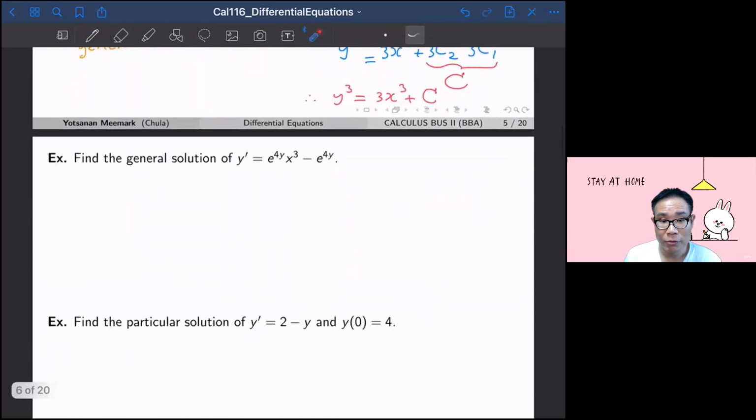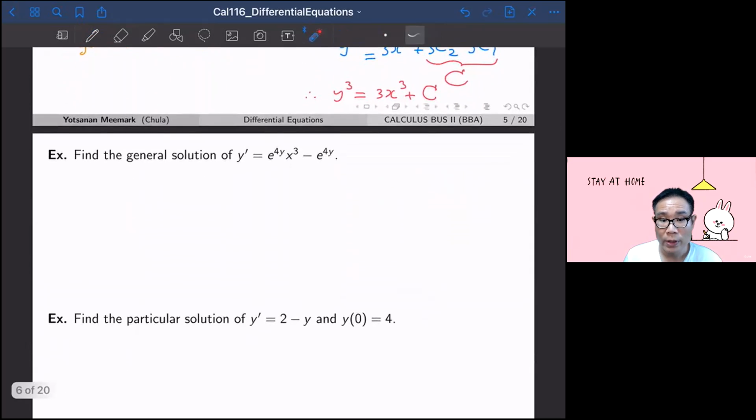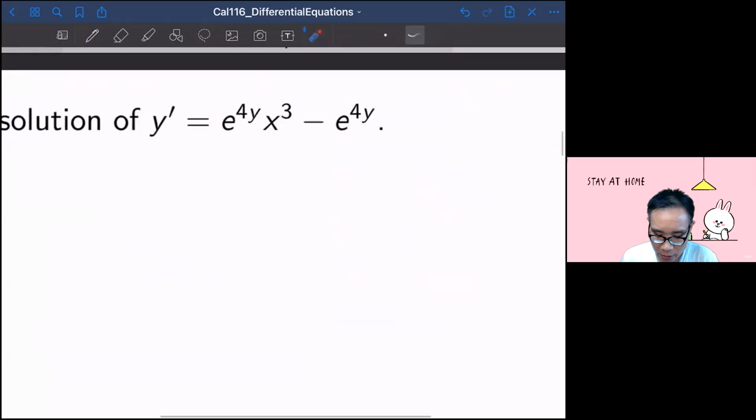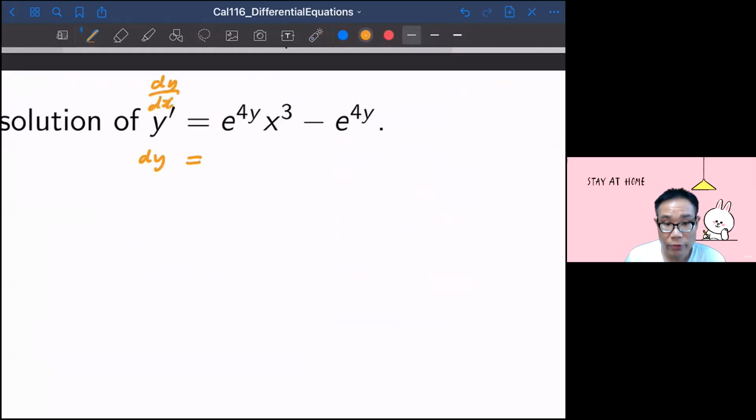Let's do one more for the equation. y prime equal to e to the 4y times x cubed minus e to the 4y. So for this, you see that y prime will be dy/dx.